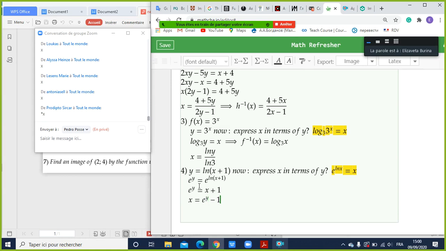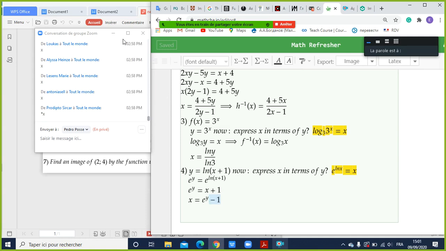And here, understanding the stuff that I was explaining in the beginning of the class is important. So I was trying to also go through this way right now solving that. So we said, okay, let's think of what does this function do. This function first adds 1 and then takes a natural log. So it's very logical that in the end we got minus 1, because we had to undo this first action of adding 1.